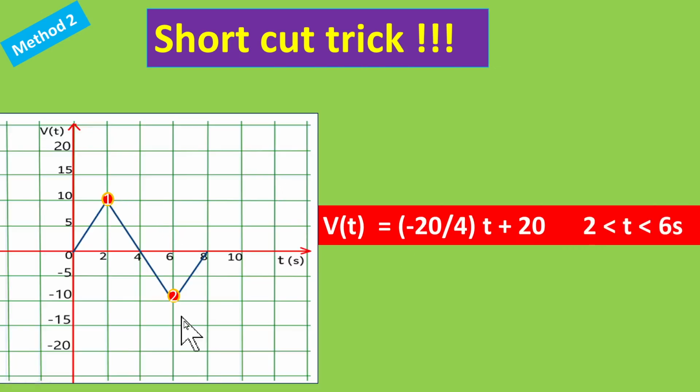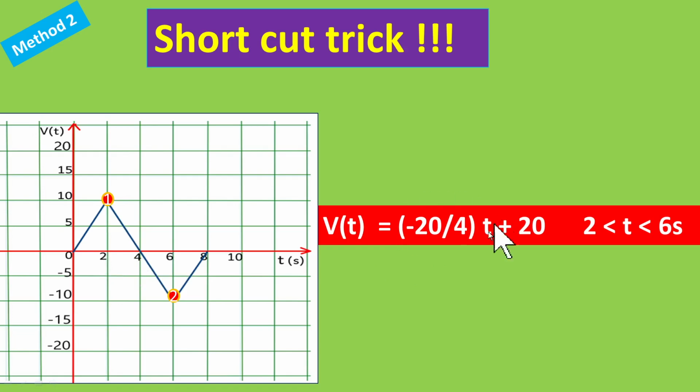The first point is 2 comma 0, and the second point is 6 comma minus 10. Now we have to find the slope for this case. The y value of the second point is minus 10 and of the first point is 0, and along the x-axis it is 2 to 6 seconds.